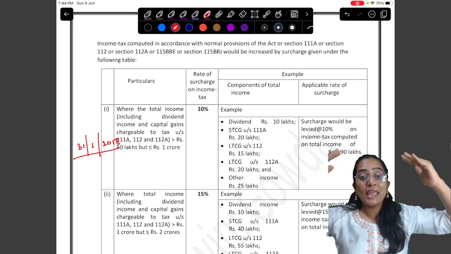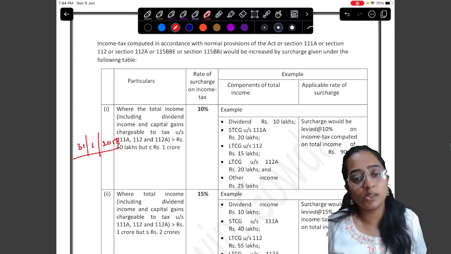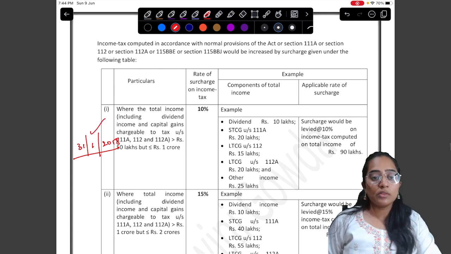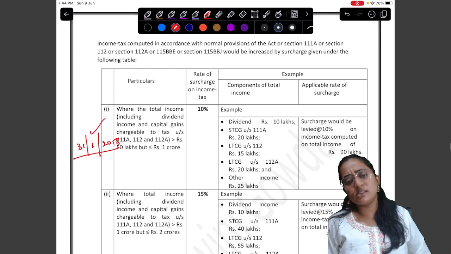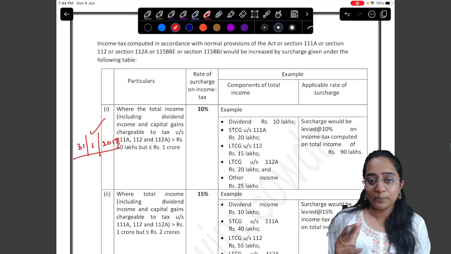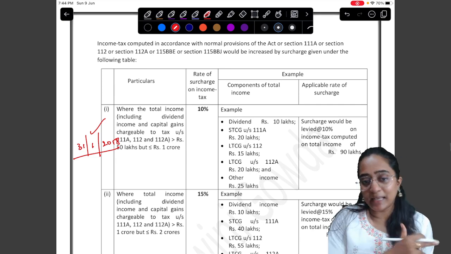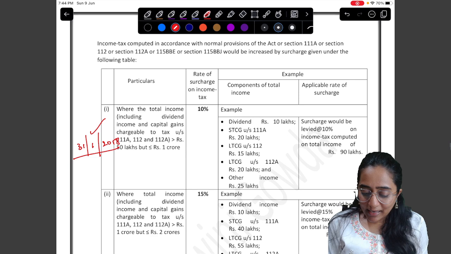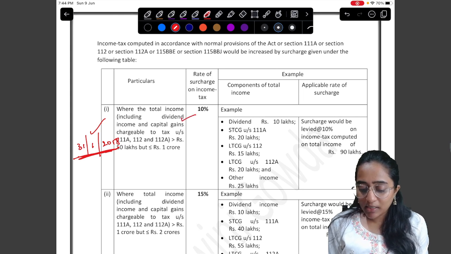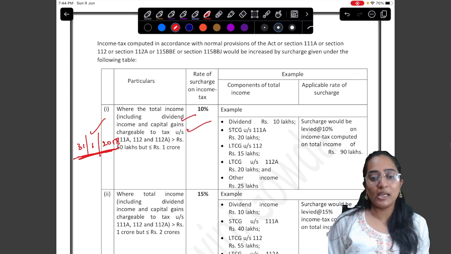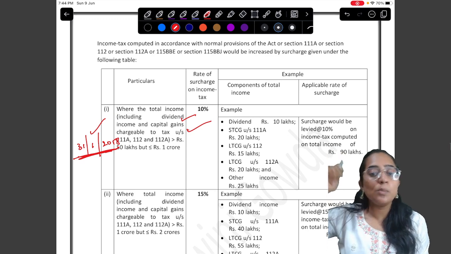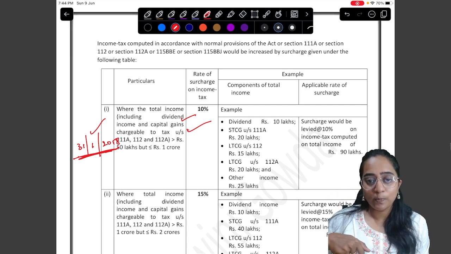Oh my god, exempted. It was not taxable at all. But now what happened? They removed that exemption in the budget announced on 1 February 2018. Now it has become taxable. So whatever exemption they have removed, with regard to the dividend and with regard to the capital gain, think people, before it was not taxable at all. Now it has become taxable.